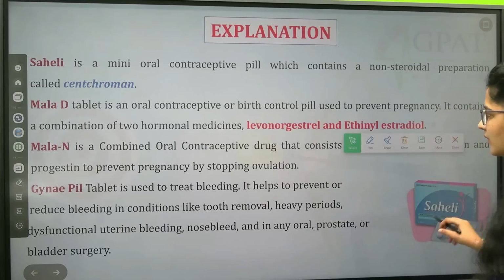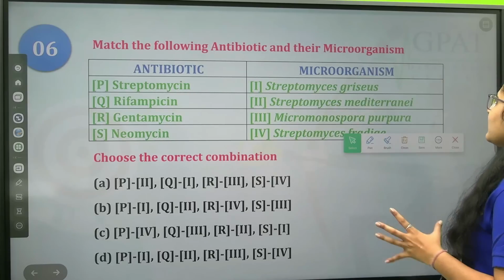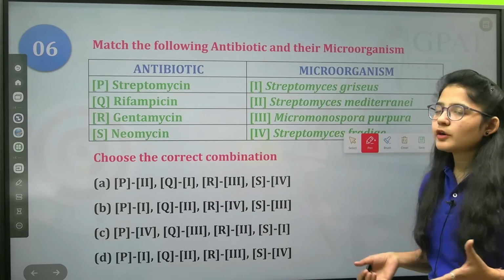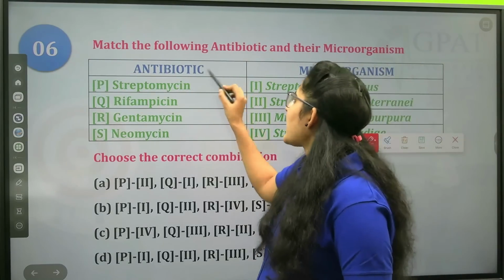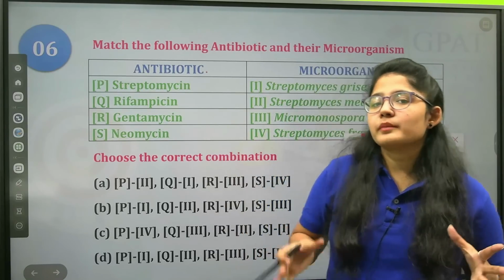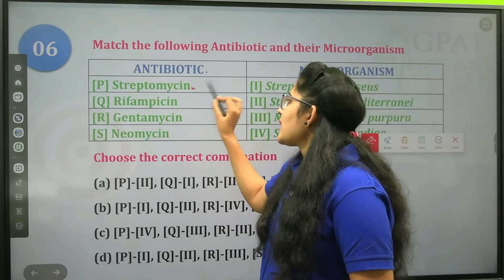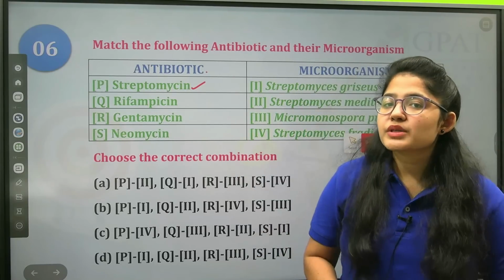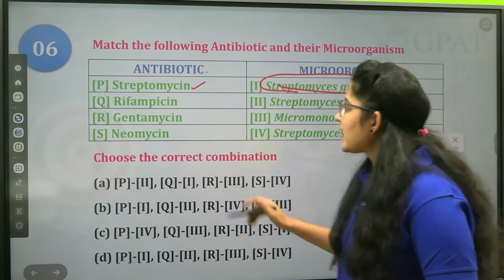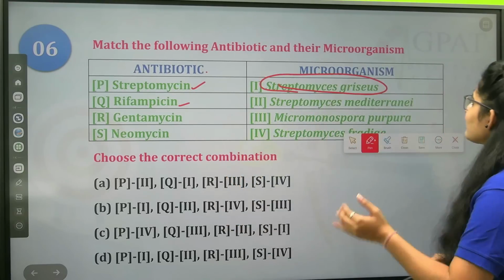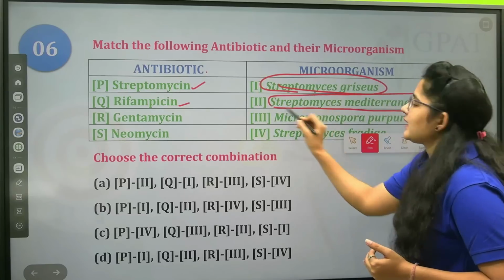Okay. Now the next question. Match the following antibiotics and their microorganisms. It means the antibiotics are made from specific microorganisms. Streptomycin is produced by Streptomyces griseus. Next is rifampicin, produced by Streptomyces mediterranei.